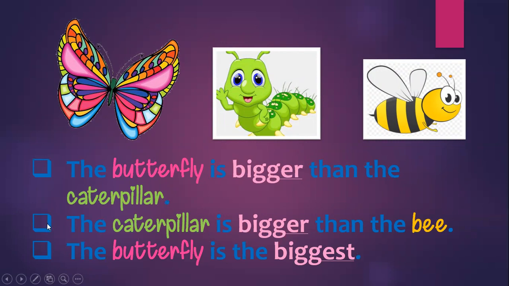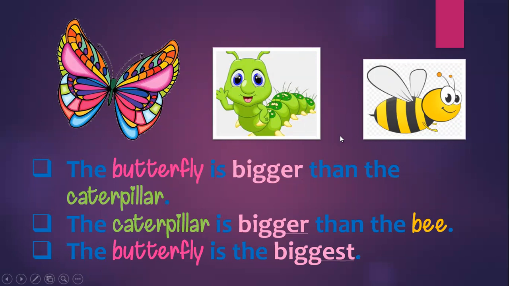Now, look at the second sentence, sentence number 2. Now, the caterpillar is bigger than the bee. So we are comparing these two insects, the caterpillar and the bee, not the butterfly, not anymore. In the second sentence, the caterpillar is bigger than the bee.